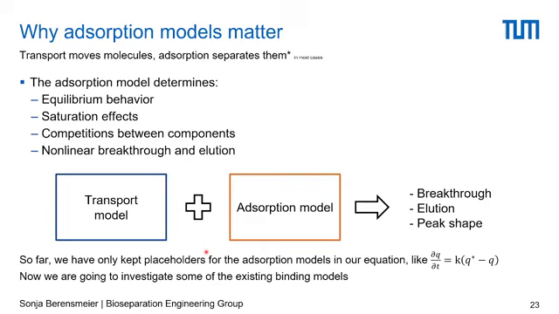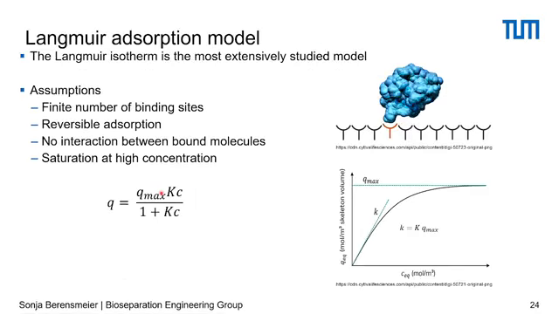So the adsorption model determines the equilibrium behavior, the saturation of the surface, and how the competition between the components is taken into account, and therefore is also an essential part if you actually want to model what is happening inside our chromatography column. So we are free to combine different transportation models with different adsorption models. So next we're going to look at different adsorption models, what exists and what you might already know, what we're going to learn about today.